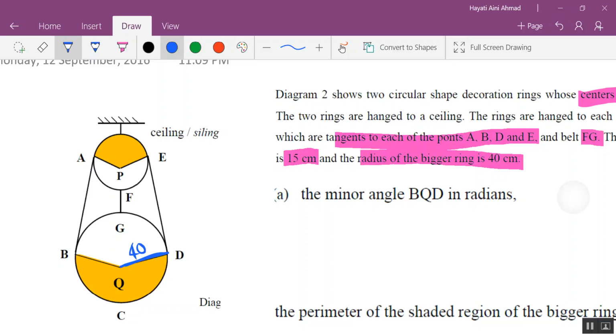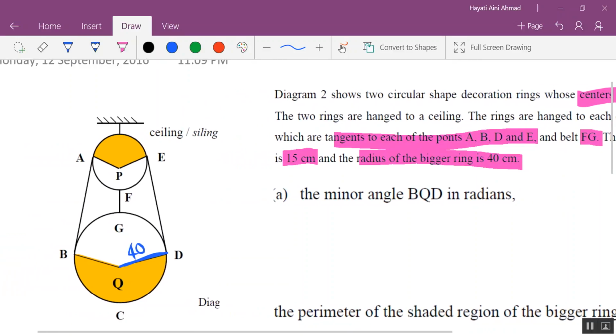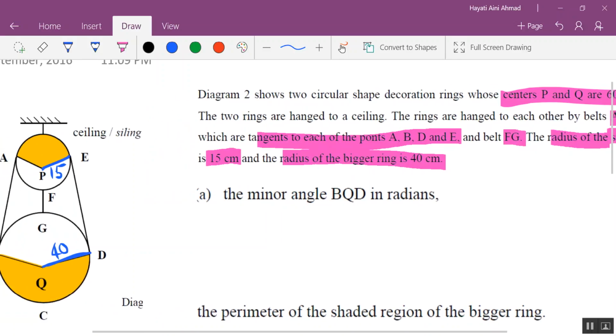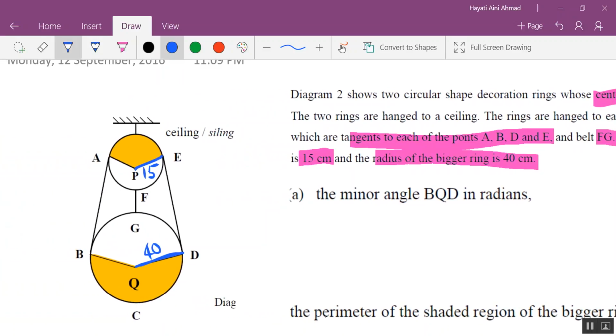And then the radius of the smaller ring is 15, so we write here 15. And then the centers P and Q are 60 cm apart. I use the green pen. From P to Q is 60 cm apart.